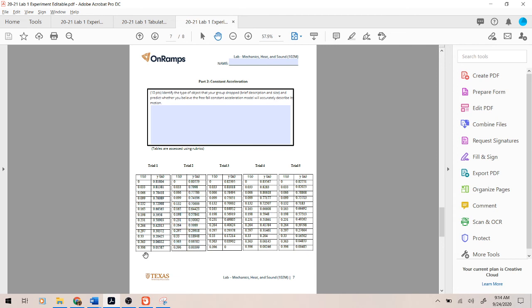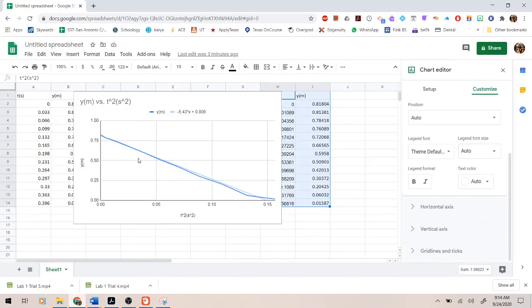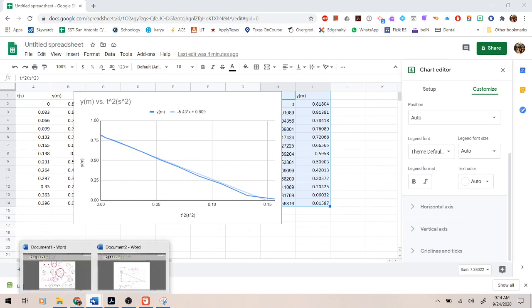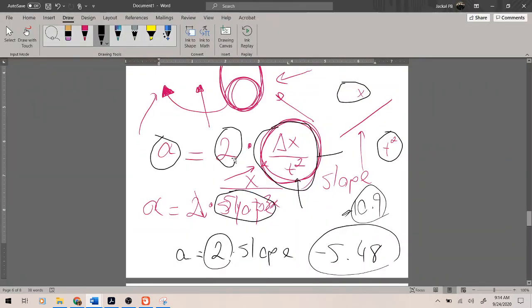Or directly look at this and get a linear graph of position to time squared, then you can definitely say that it is a constant acceleration, because the model tells us that acceleration is 2 times delta x over t squared. So if this is linear, then I have a constant acceleration.